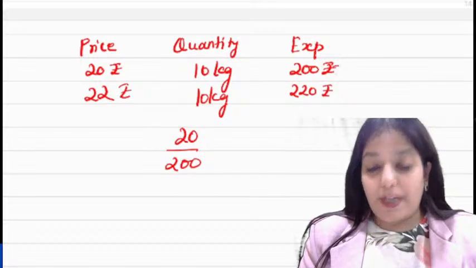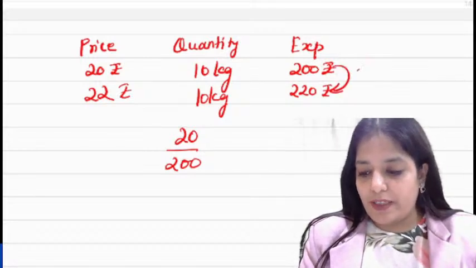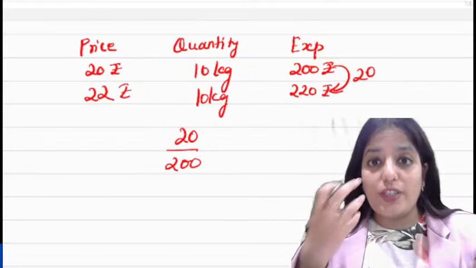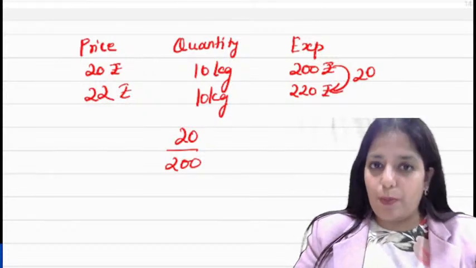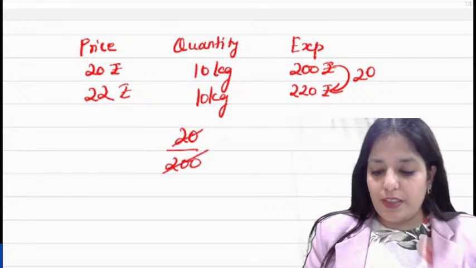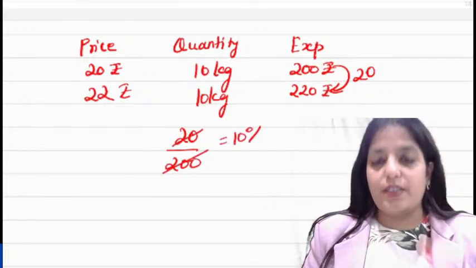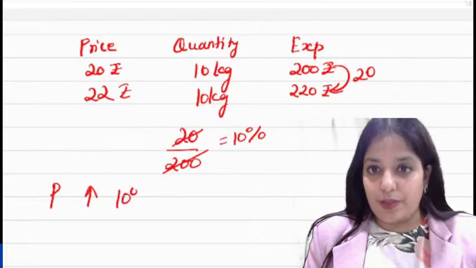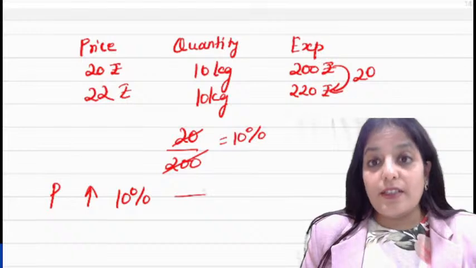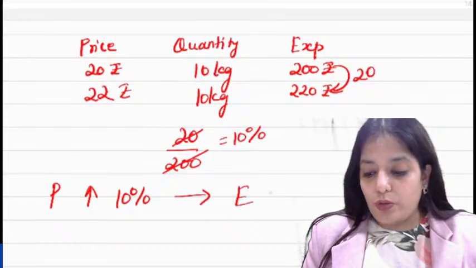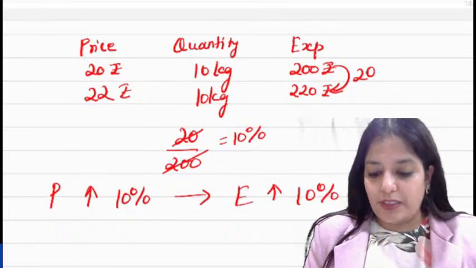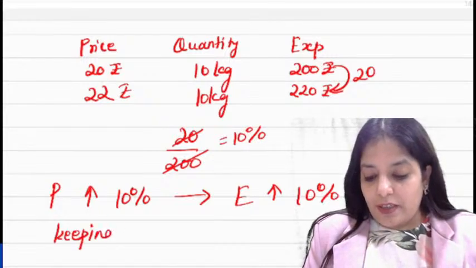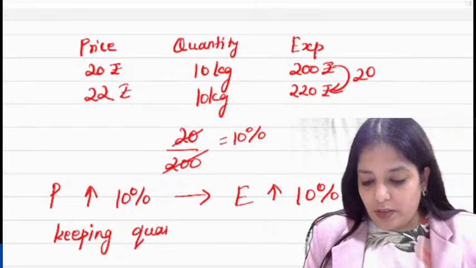My expenditure increased by 20. So the percentage change is 20 upon the original, that is 20 upon 200, and the percentage value of this is 10%. See, price increased by 10% and expenditure also increased by 10% when quantity was constant.